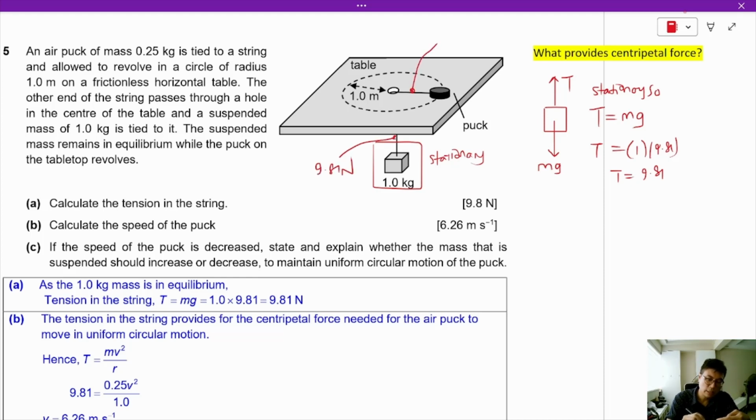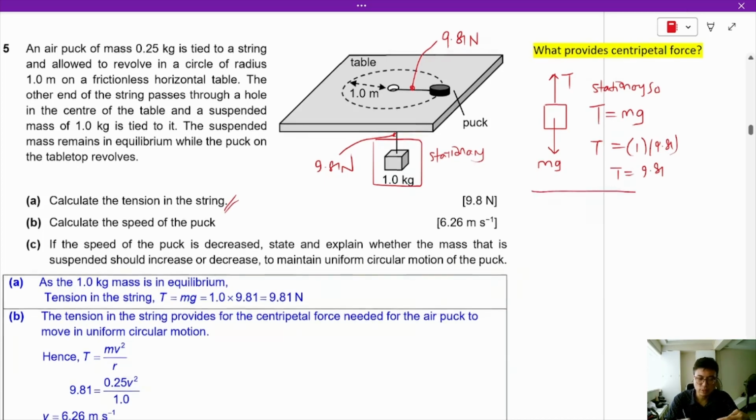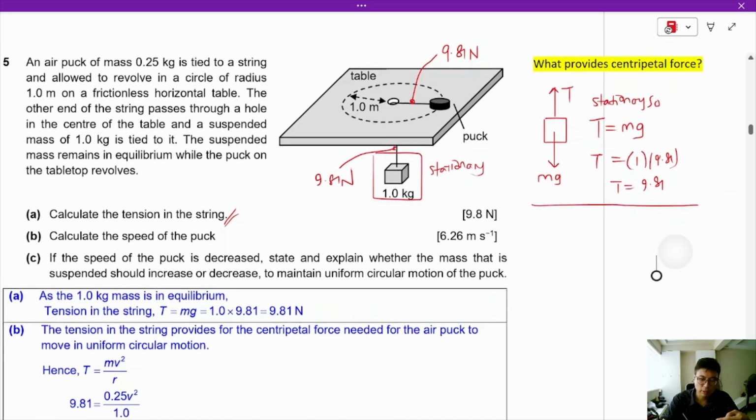Since in A levels, the tension in the string is constant throughout the string, for A levels only, this is also 9.81 newtons. Now let's calculate the speed of the puck. We ask the question, what provides centripetal force? We say tension provides centripetal force.